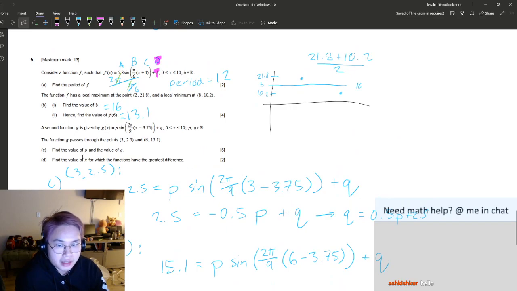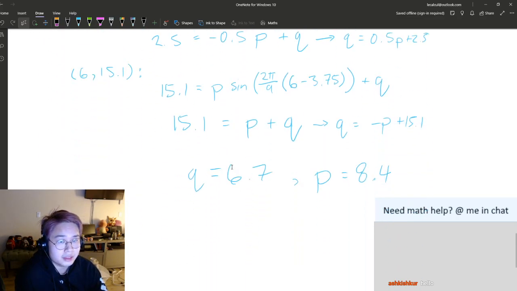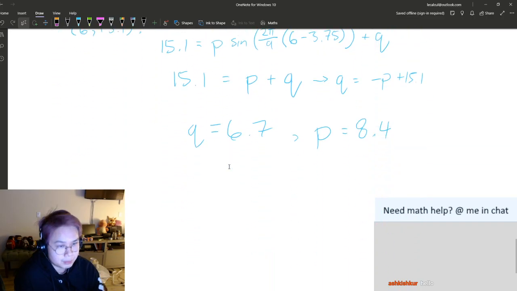And then we need to find the value of x for which these functions have the greatest difference. In other words, the most efficient way to do this, at least in my opinion, is, well, you find their greatest difference. In other words, we need to subtract them. So this itself is a new function.